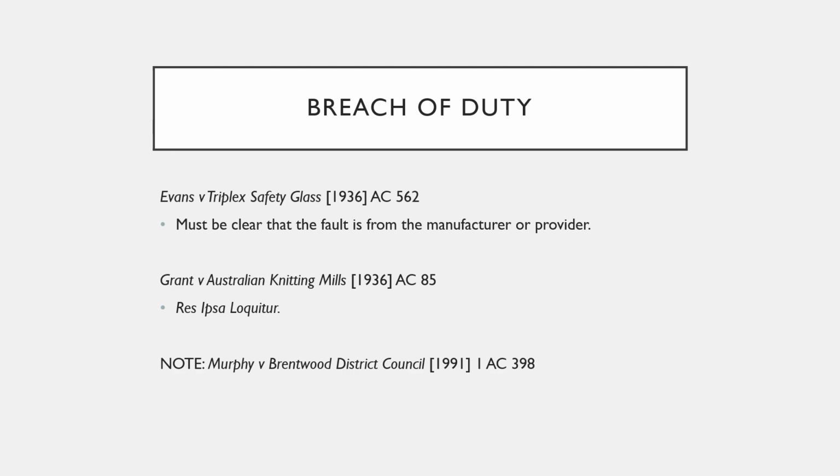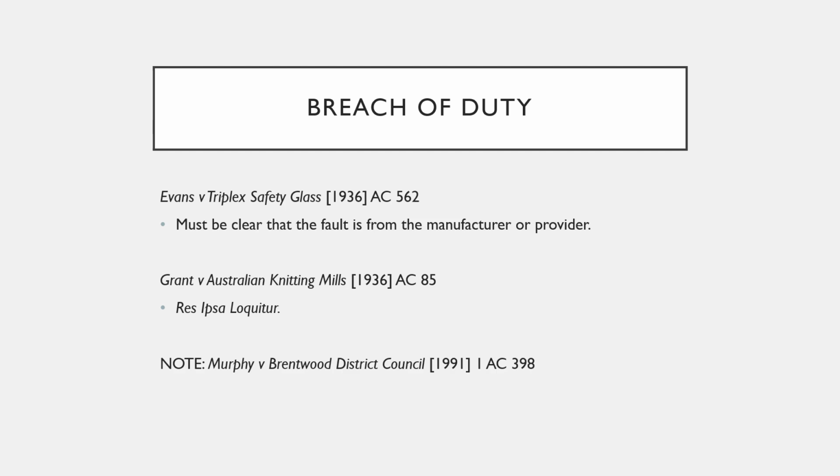A good case to note is Murphy and Brentwood District Council. This basically talks about the fact that you are only able to claim for your consequential loss as a result of the defective product. You can't claim for pure economic loss. So say if a phone breaks, like it just explodes, nothing happens to you, nothing near you burns, you can't actually claim for the phone itself.